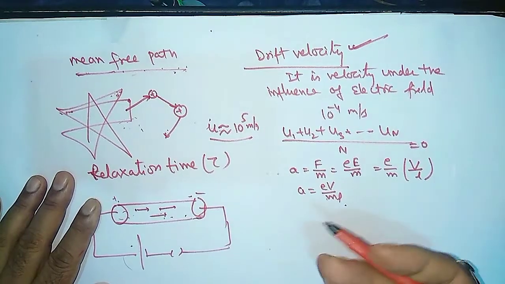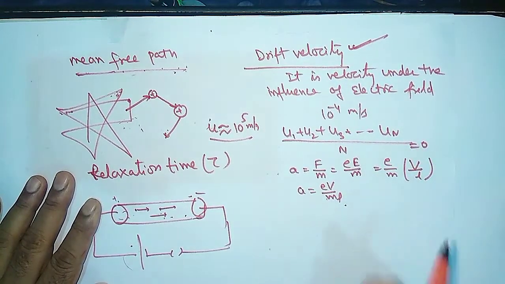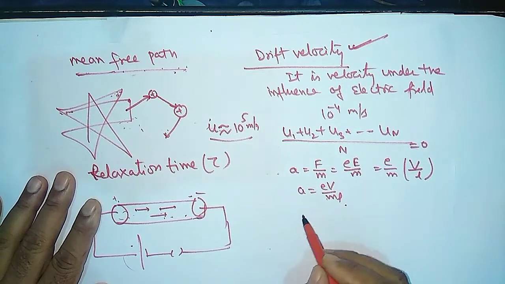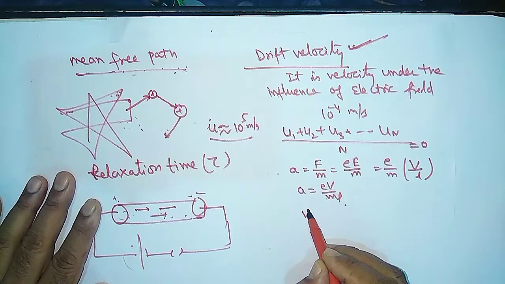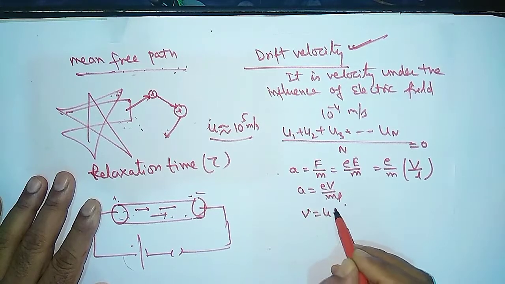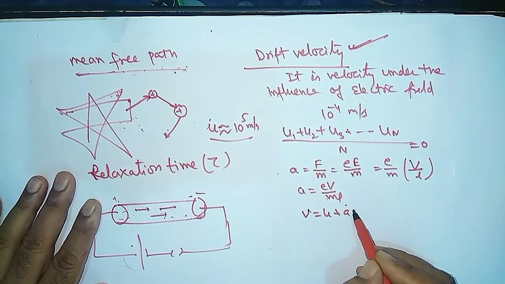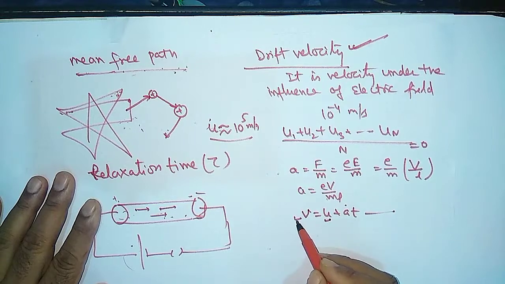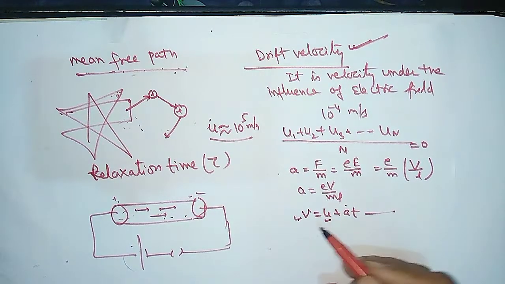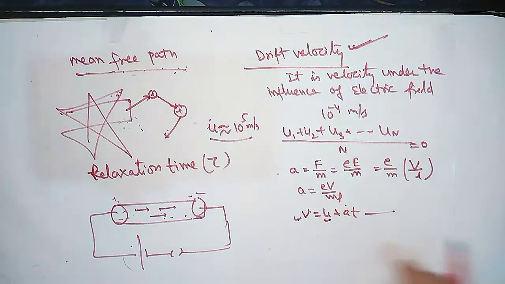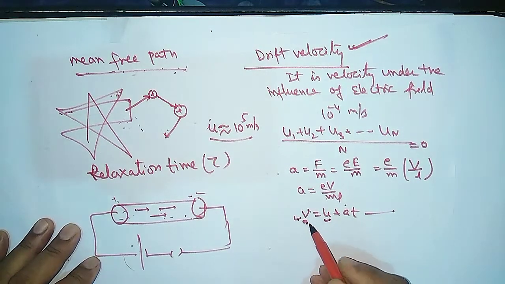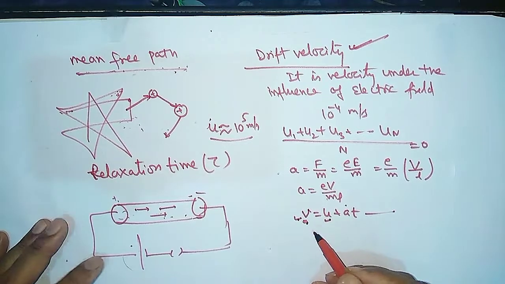So when the free electrons are accelerated, the speed will be increased according to the first equation of motion, that is v is equal to u plus at. According to this, speed will increase: if the thermal velocity was u, then the final velocity will be v. So the average of this speed under the influence of electric field will be termed as the drift velocity.